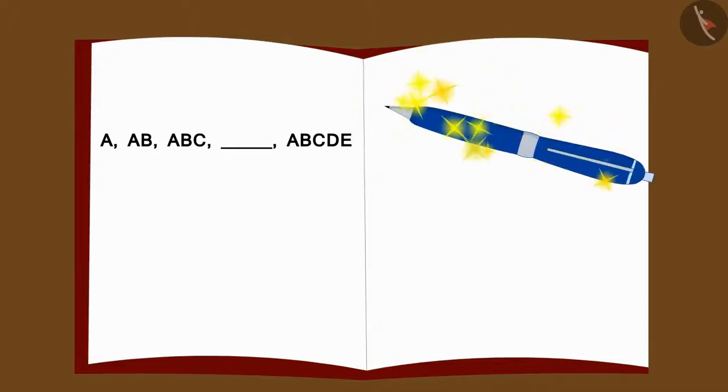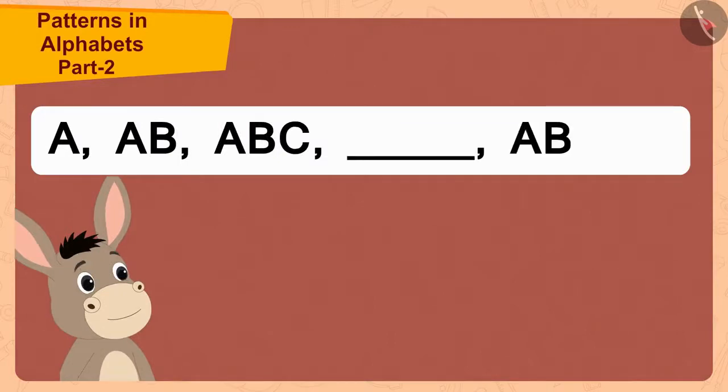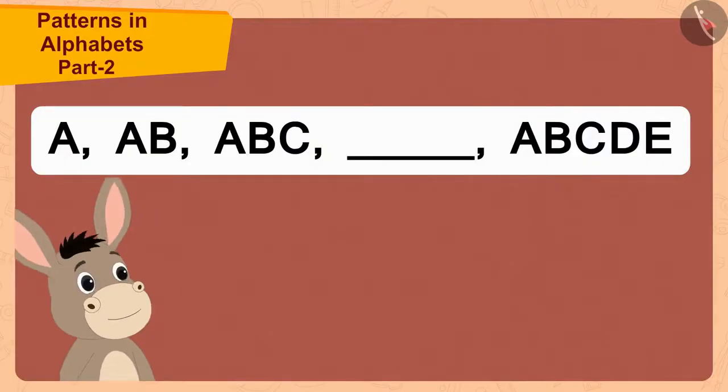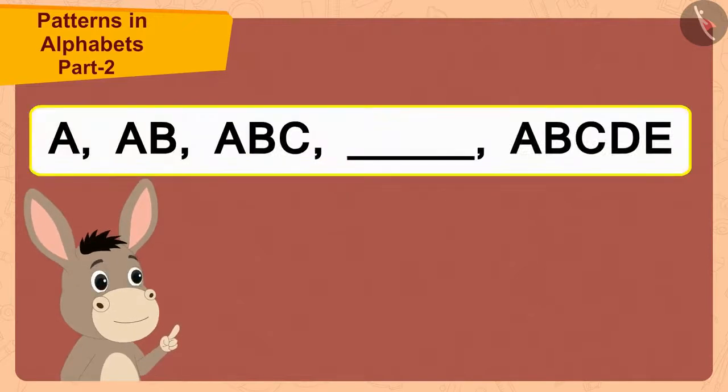This time, the pen has written such a pattern. Bhola was shocked. He could not understand the rule of this pattern. Children, can you help Bhola find the rule of this pattern? If you want, you can stop the video and find the answer.